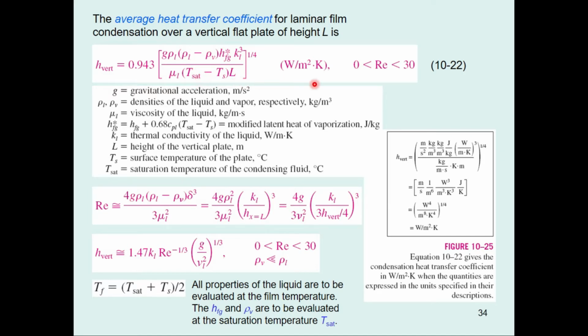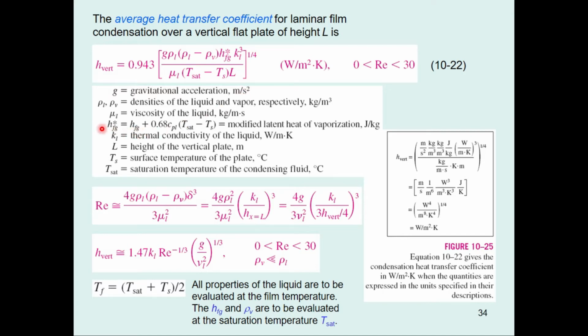This is for the laminar film, so the Reynolds number is between 0 to 30. Here is the description of this formula. No need to memorize it, but if you get this in a numerical problem, you will be given this formula, or you will be asked to bring it in the formula sheet.